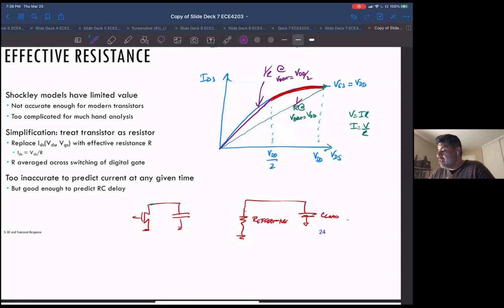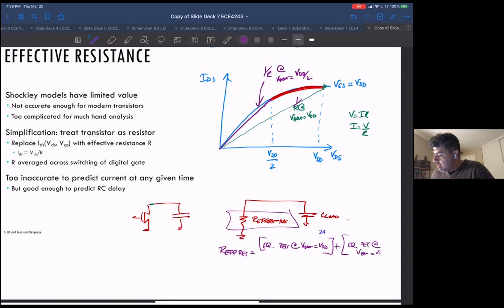And I'm going to pick the average of those. So this effective resistance is equal to the equivalent resistance at Vout equal to VDD plus the equivalent resistance at Vout equal to VDD over 2, divided by 2.